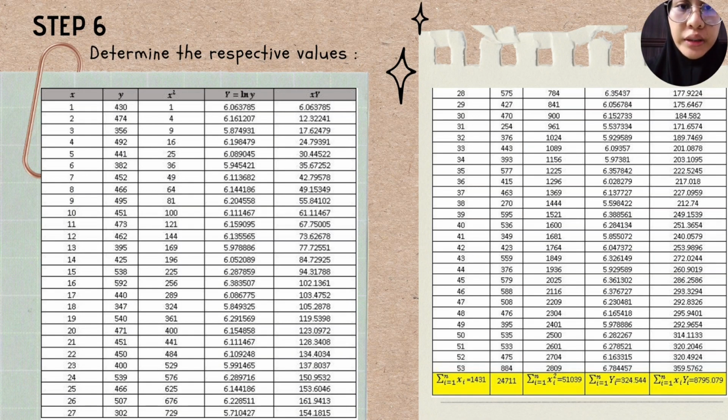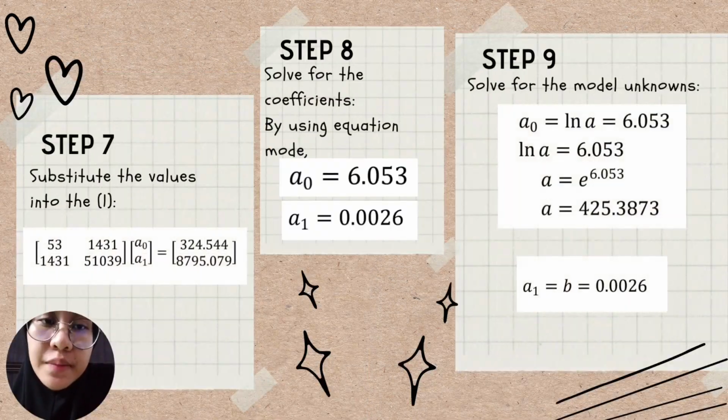From here, we can get n equal to 53, summation of x equal to 1431, summation of x squared equal to 51039, summation of Y equal to 324.544, and summation of xY equal to 8795.079.